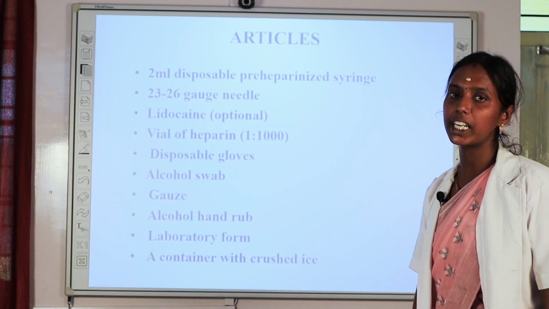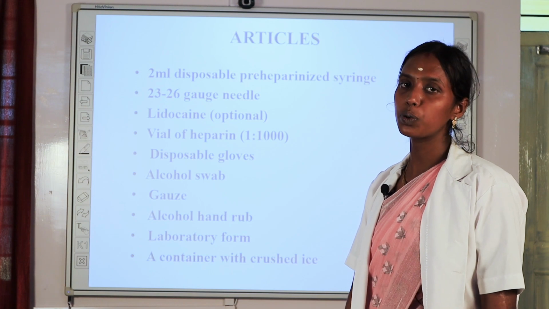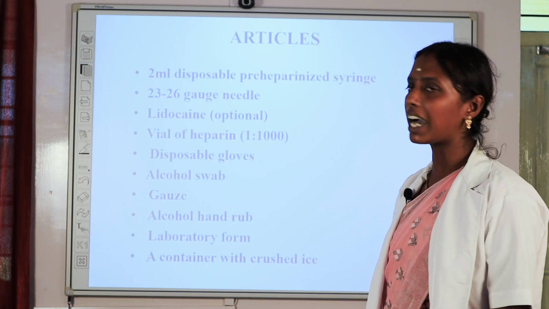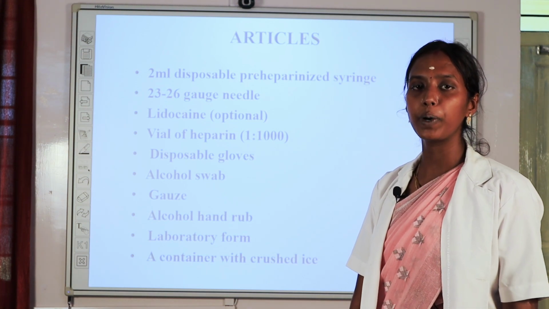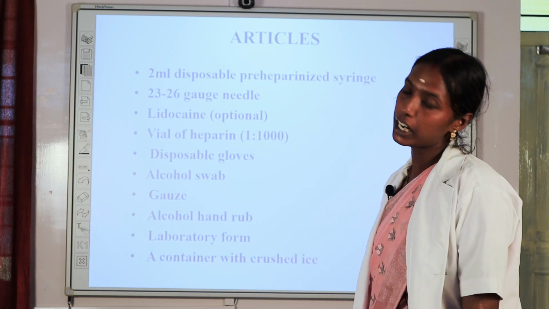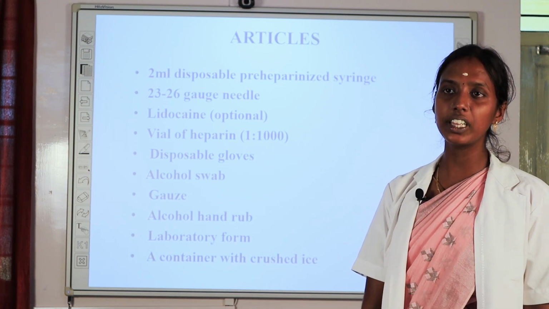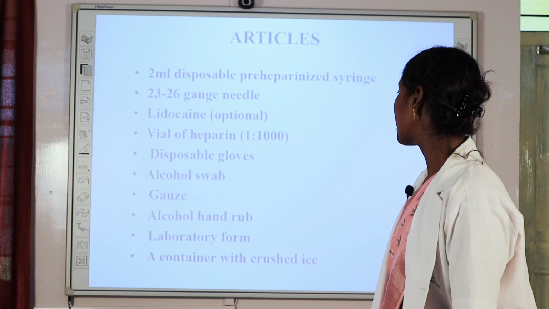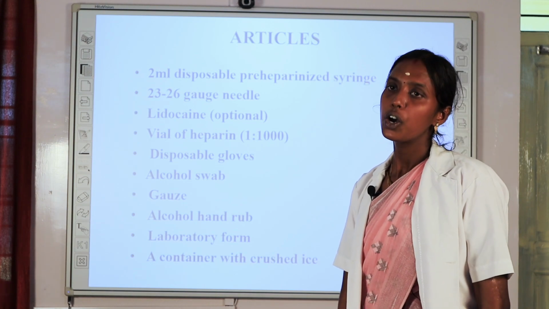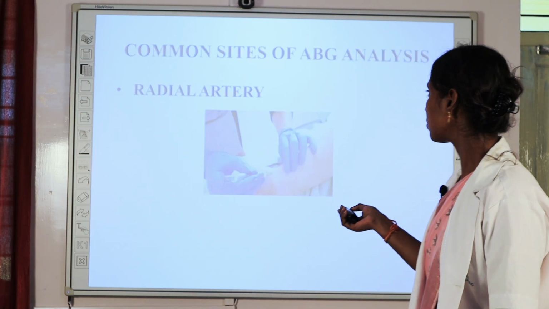Disposable gloves to maintain aseptic technique, an alcohol swab to clean the puncture site, and gauze after the procedure to apply firm pressure over that area, an alcohol hand rub to maintain sterilization, and a laboratory form to fill in the patient details, and a container with crushed ice for the blood.